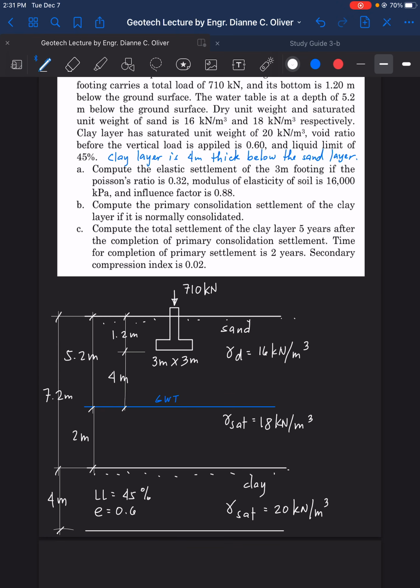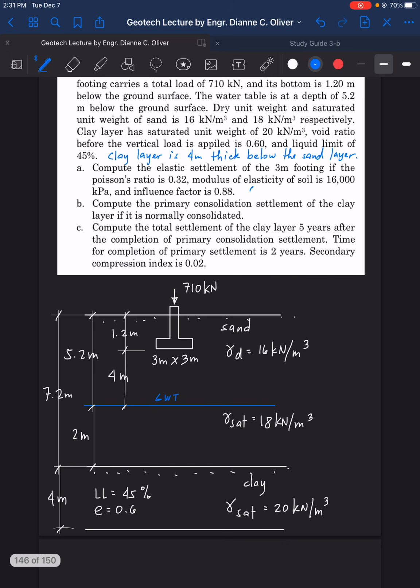So, what category is this? It's the elastic settlement. So, we're going to concentrate on elastic settlement for letter A, S sub E. B. Compute the primary consolidation settlement of the clay layer if it is normally consolidated, S sub P. Then, normally consolidated.